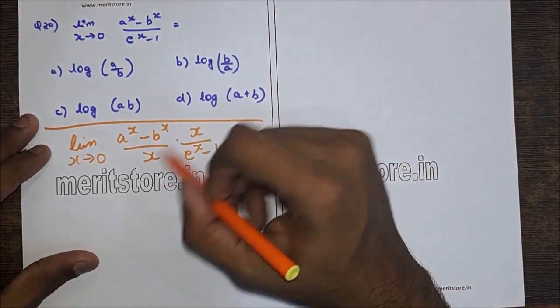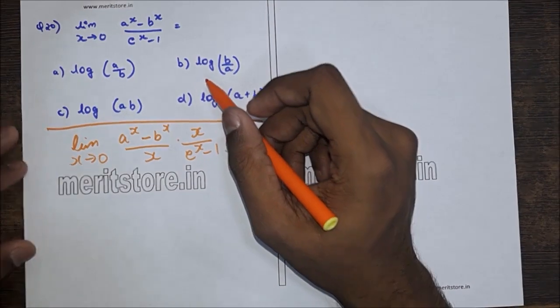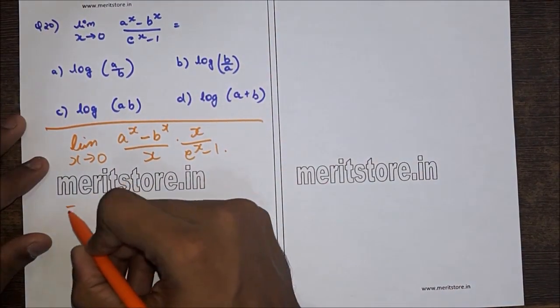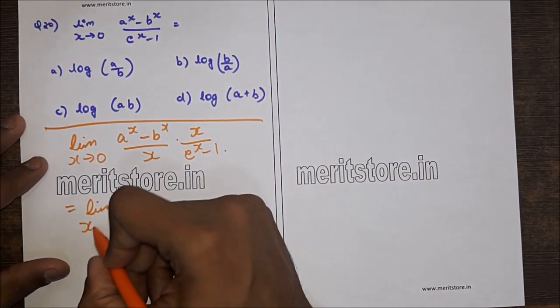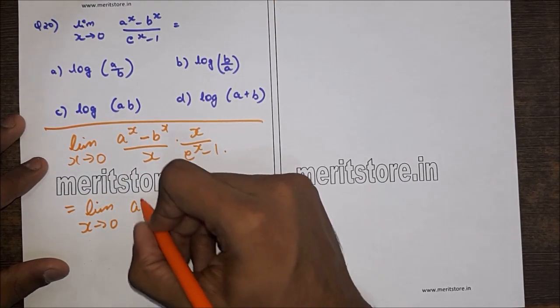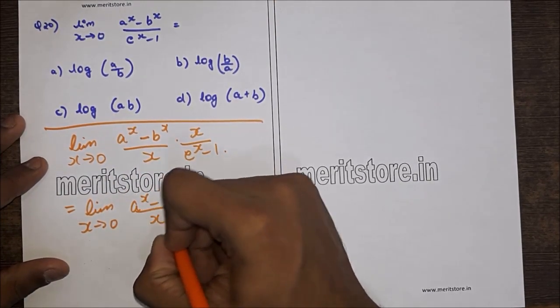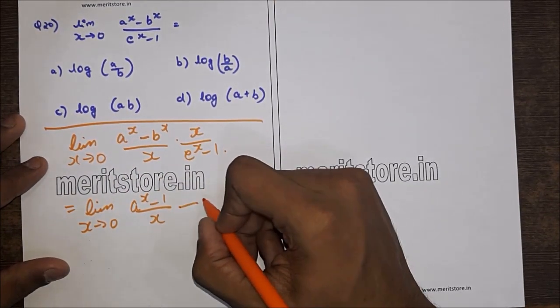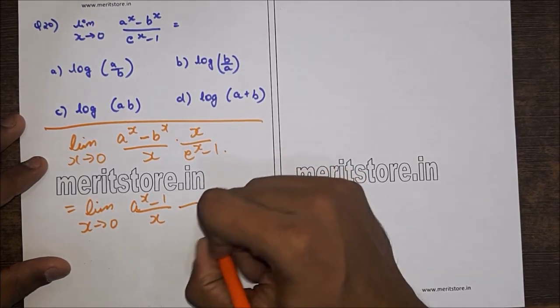We get this by multiplying and dividing by the term x. Now this equals limit of x tends to 0, a raised to x minus 1 upon x minus b raised to x minus 1 by x.